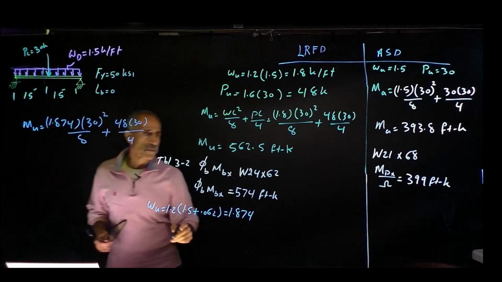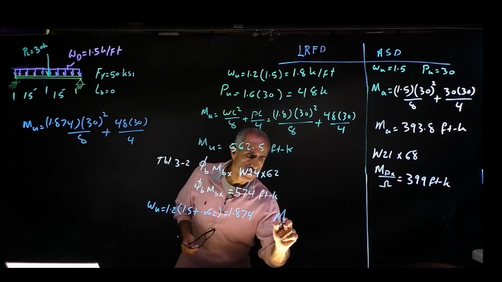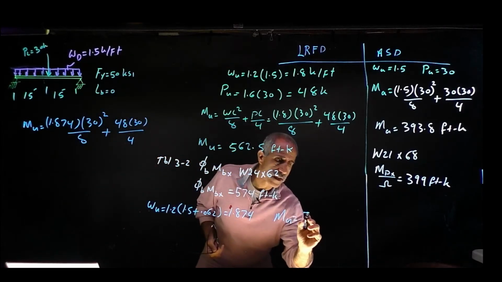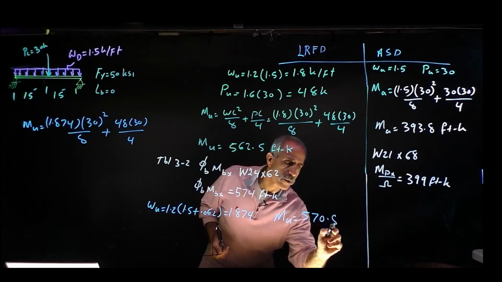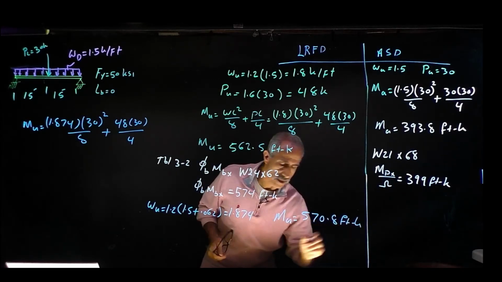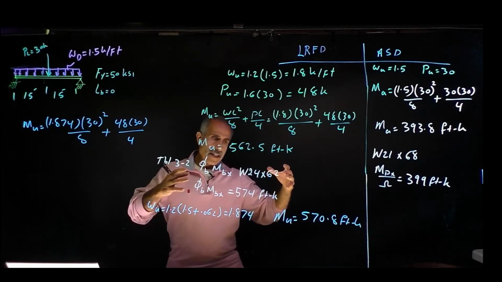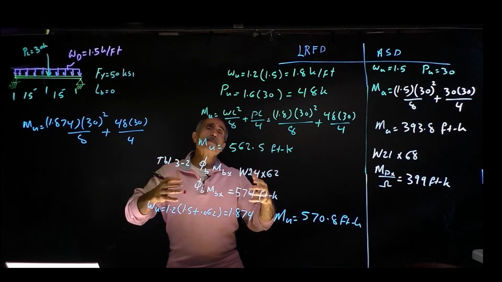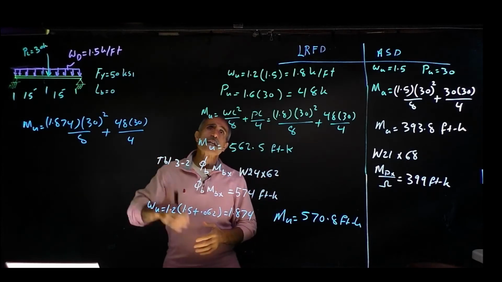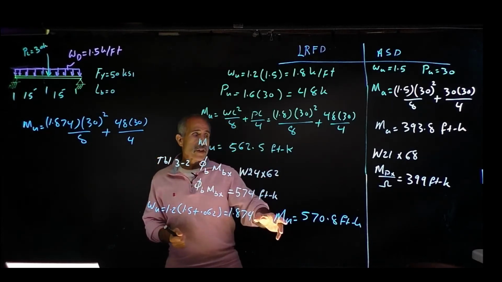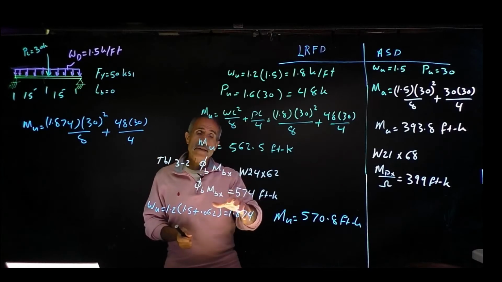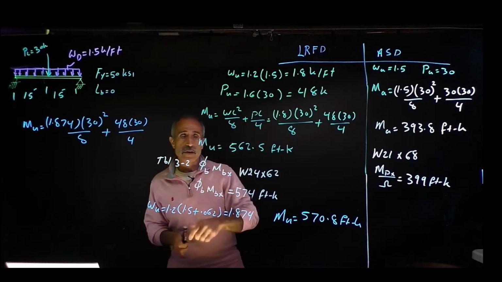So my new MU comes out to 570.8 foot kip. That's our bending moment based on applied load, including the beam weight, which is less than the capacity of the beam that we have found from table 3.2.